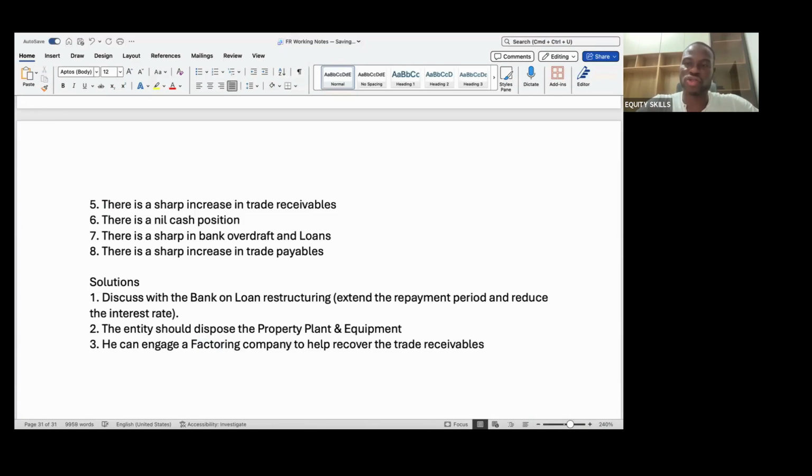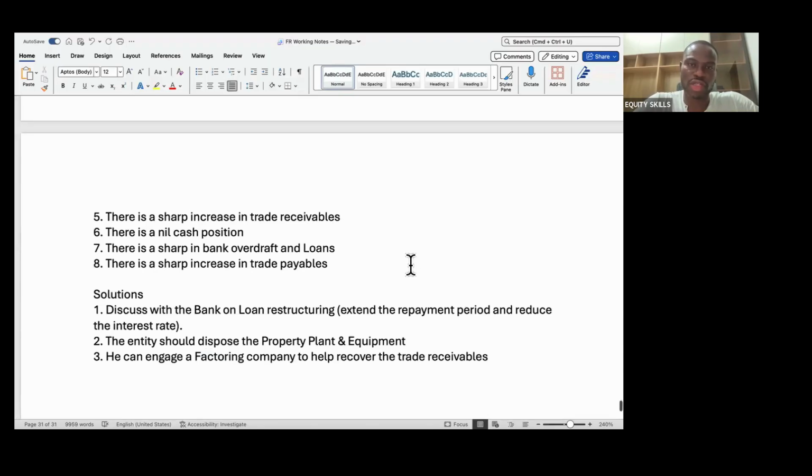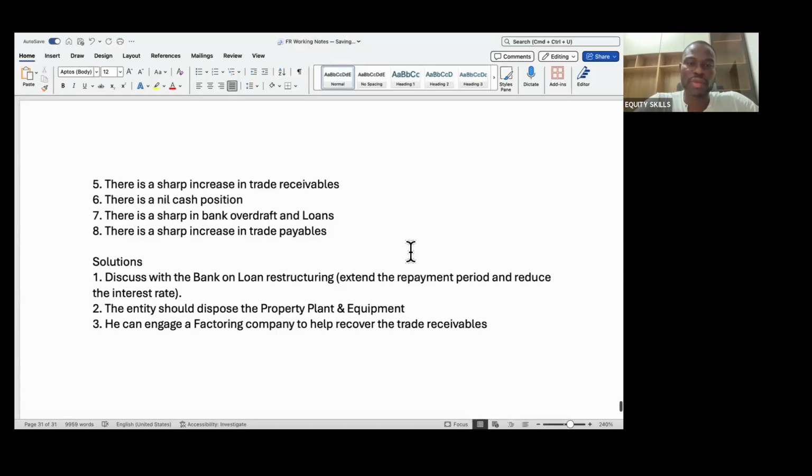Their work is they help companies to recover money from customers. That's what those factoring companies do. So you can engage those ones to help you recover your money from your receivables. You can do a deal with them.